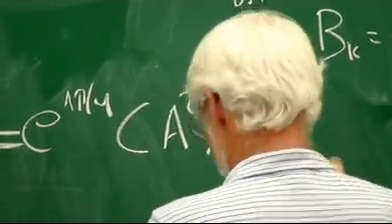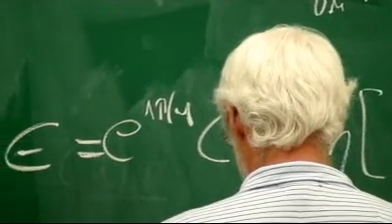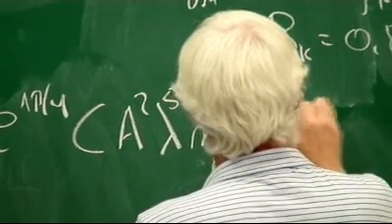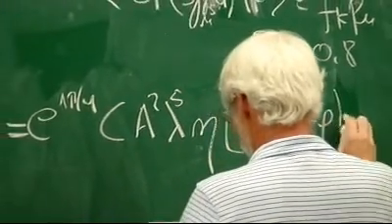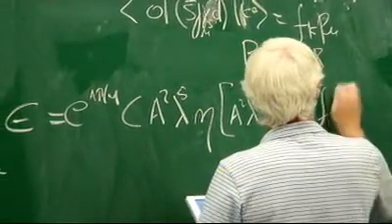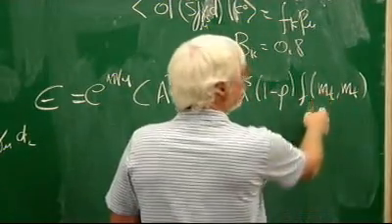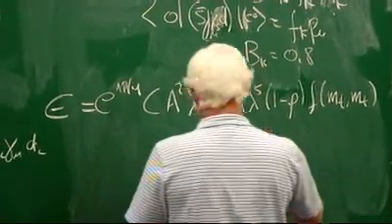Right? Then there is A squared lambda pi times rho times a function of mt, actually it's mt squared over W squared, but I'm running out of energy.